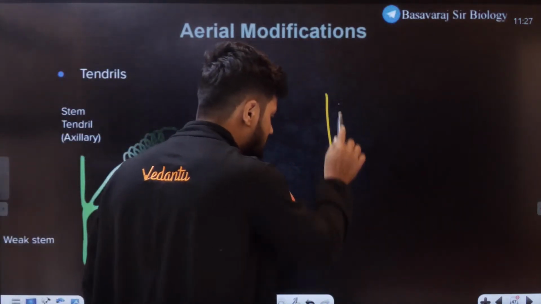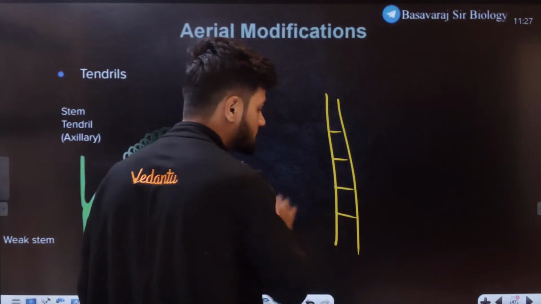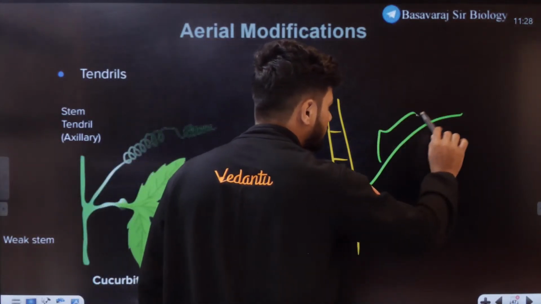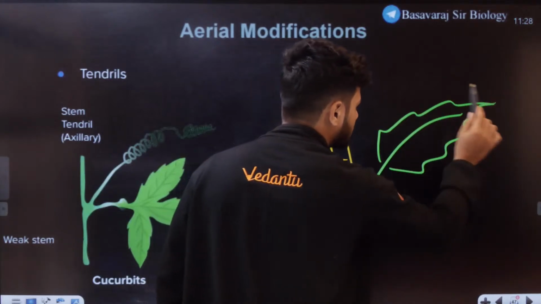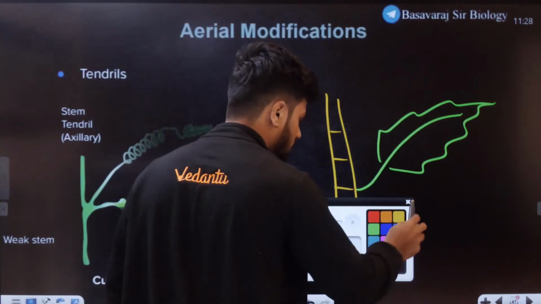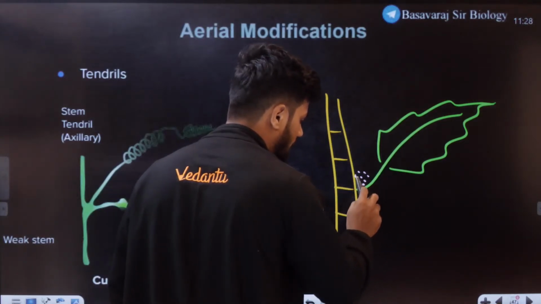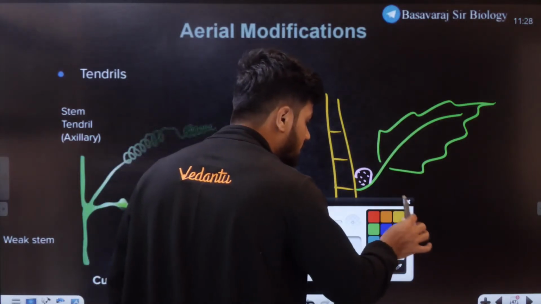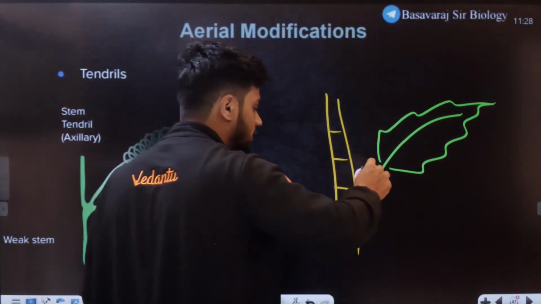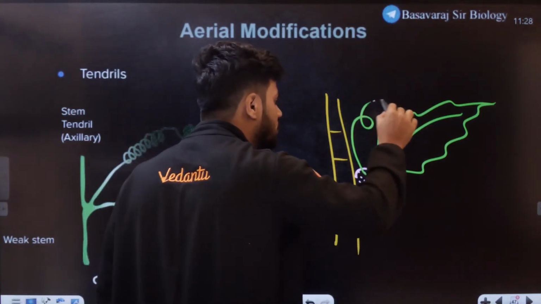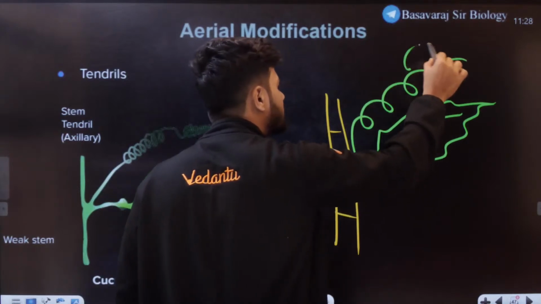For example, this is the stem. Here we have the leaf, and here the axillary bud. Students, this axillary bud will modify into a tendril.